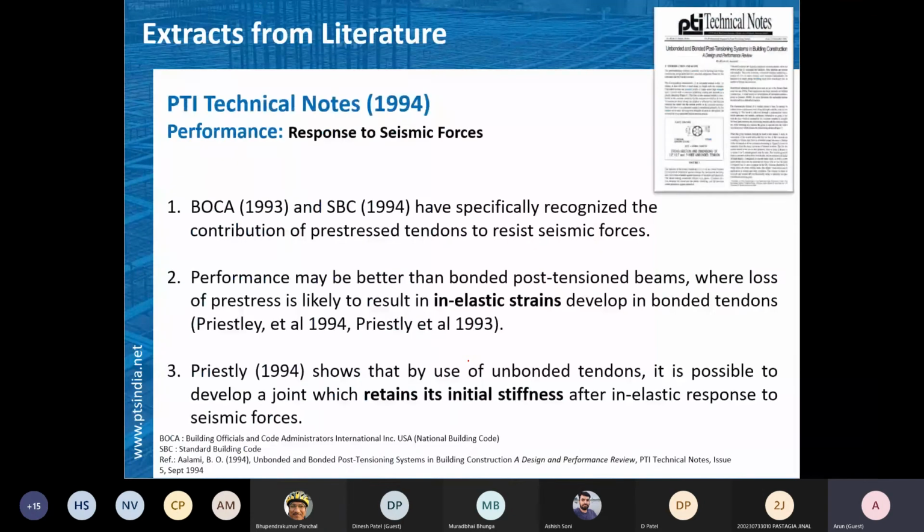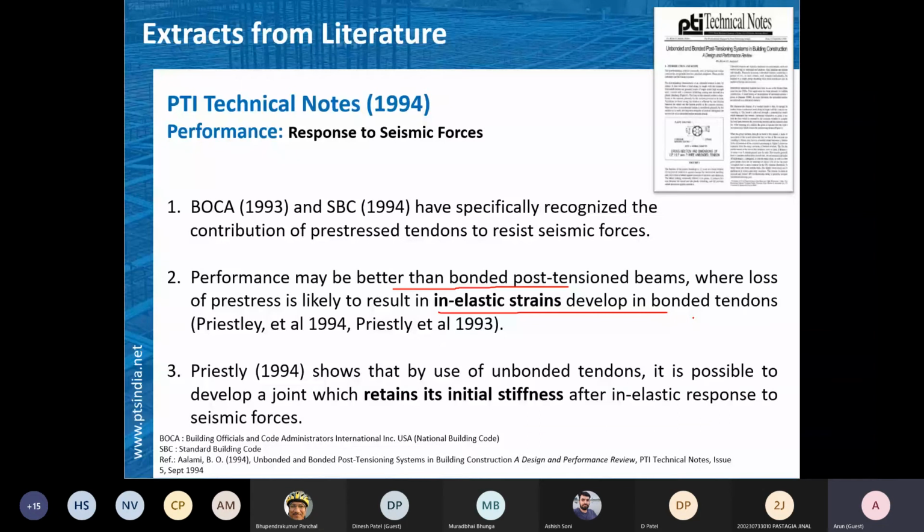Some extracts from the literature. This is a PTA technical note wherein they emphasize the inelastic strains that are developed in bonded tendons. This is regarding unbonded. So unbonded is behaving better than bonded, because of the inelastic strains developed in the bonded, whereas this kind of inelastic strain is not developed in the unbonded tendon.